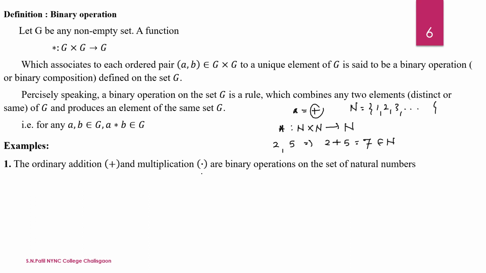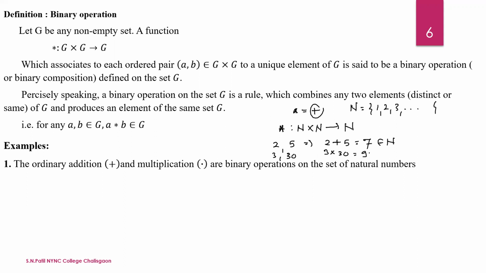Similarly, for multiplication, take any two numbers from the set of natural numbers. After taking the multiplication, the output should belong to the natural numbers. Suppose you take 3 and 30, then we get 3 into 30, where the operation is multiplication.